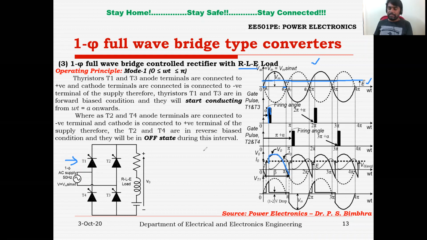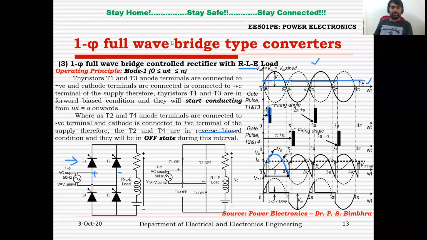And you know that T2 and T4 are in reverse bias condition because the anodes are connected to negative and the cathodes of T2 and T4 are connected to positive. So they will be in reverse bias condition, so they will be in off state. So you can see the equivalent circuit like this. The current always leaves from source positive, T1 anode, T1 cathode, R, L, battery, T3 anode, T3 cathode like this.